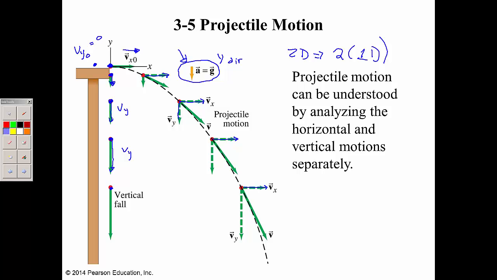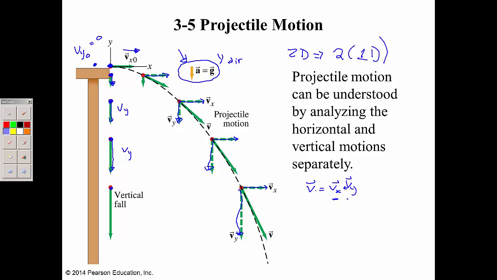And we can superimpose that velocity vector in the y direction on our ball, and we can write the total velocity as the sum of the x and the y direction.